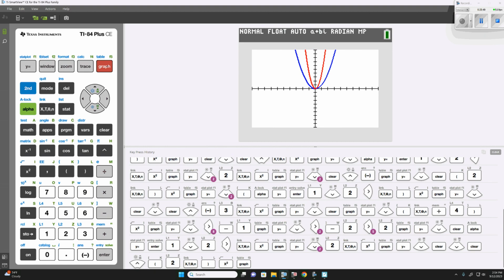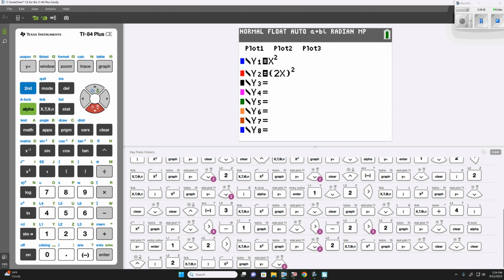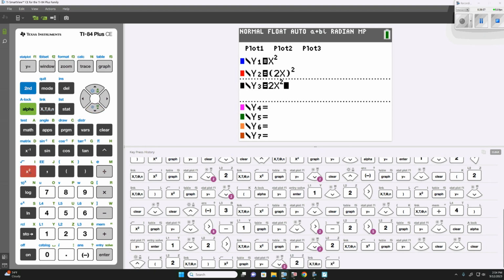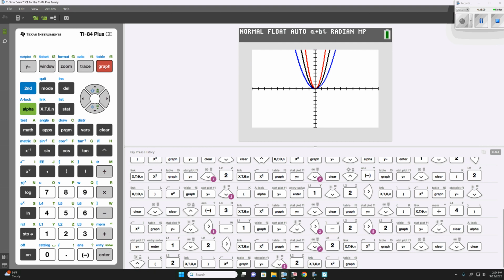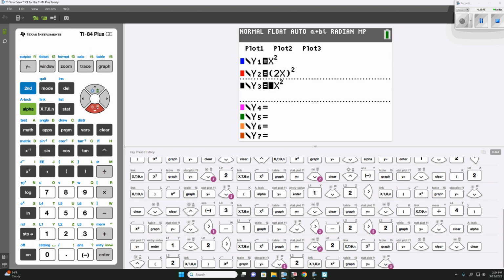It does seem similar to a vertical stretch, but it's not a vertical stretch of 2. It actually would be a vertical stretch of 4. And there's more to it, but we're not going to delve into why too much. Because if I did 2x squared, we can see the one in red is actually increasing faster. But that's neither here nor there.